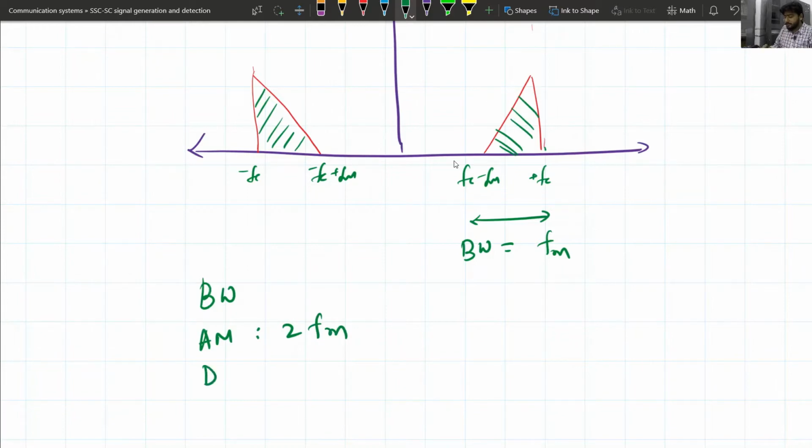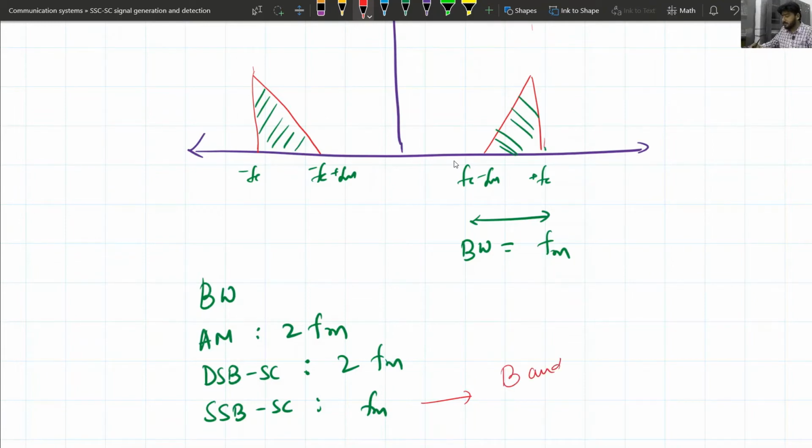In case of DSB-SC it is also 2 times FM, but in case of the single sideband suppressed carrier signal, either LSB or USB, it will be just FM. That means there is bandwidth conservation in case of SSB-SC.